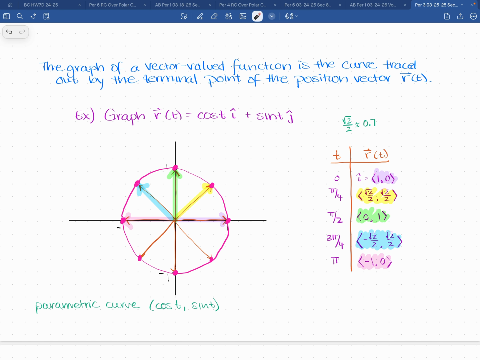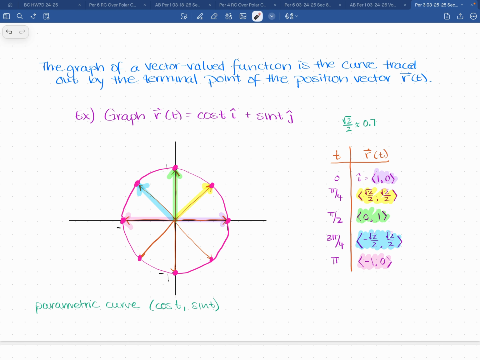So let's just make a table of values. And if we let t take on, for example, these values, we get these values of a vector. Let's just do a couple of them so we can see exactly where these are coming from. If we let t equal 0, cosine of 0 is 1, sine of 0 is 0. So you'll have 1 times i plus 0 times j, which is <1, 0>, just i.